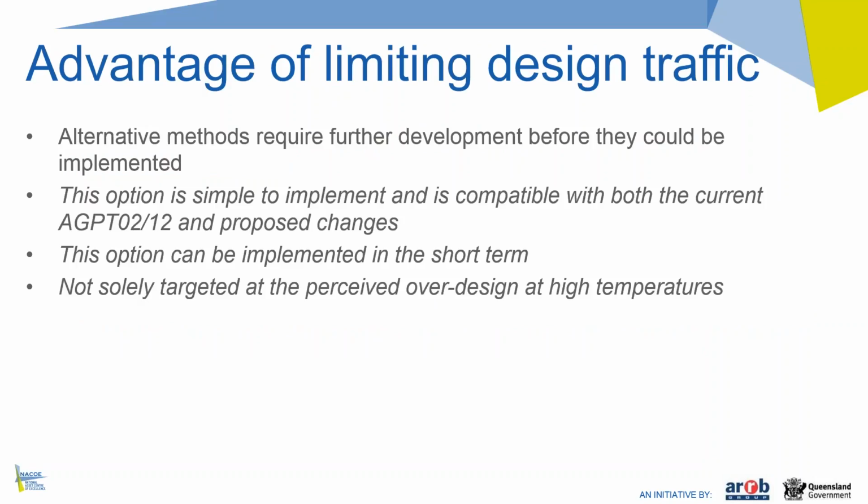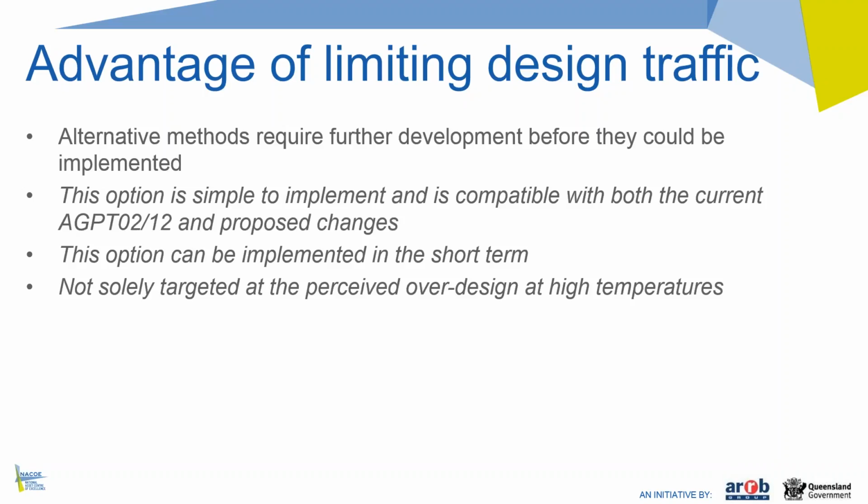First of all, for some of these alternative methods, we believe there's still further development that needs to take place before they can be implemented, and simply putting a limiting design traffic for Queensland would be the simplest and most compatible with the current AGPT method, with minimal change.